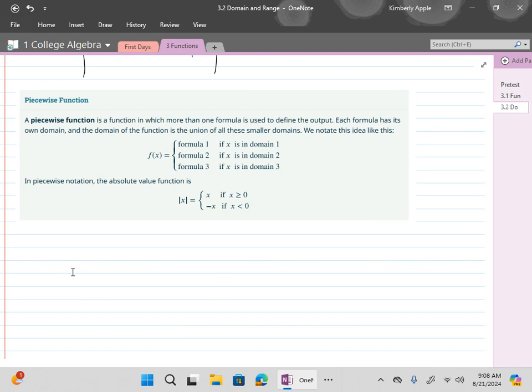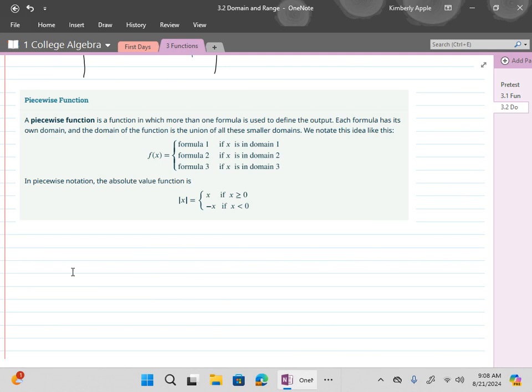So the way we write this is f of x equals this giant bracket, which says that all of these rules are part of this function. Then it says use formula 1 if x is in domain number 1, and use formula number 2 if x is in domain number 2.